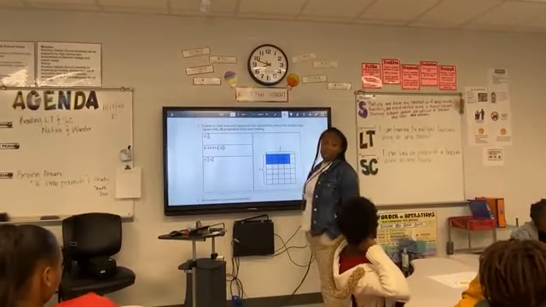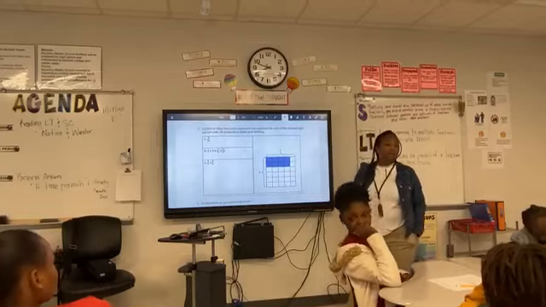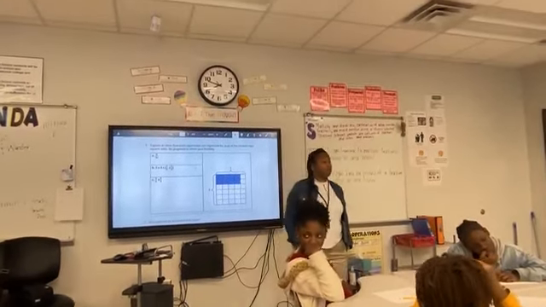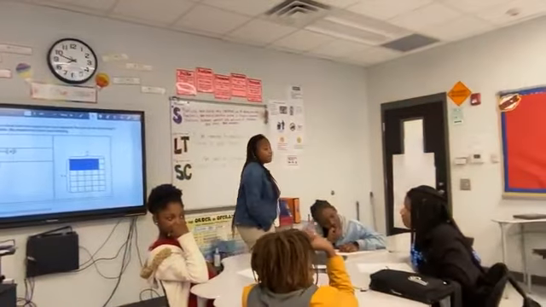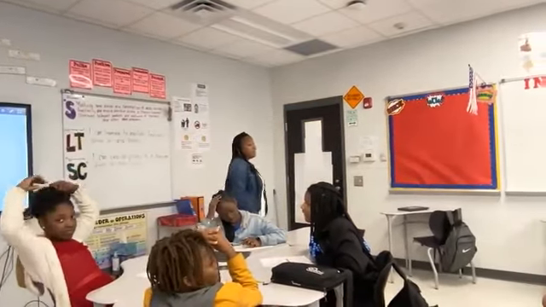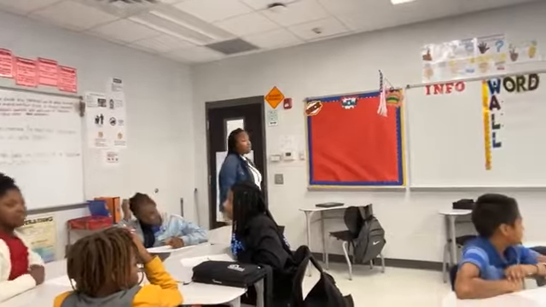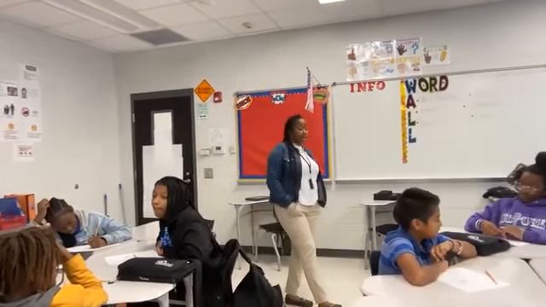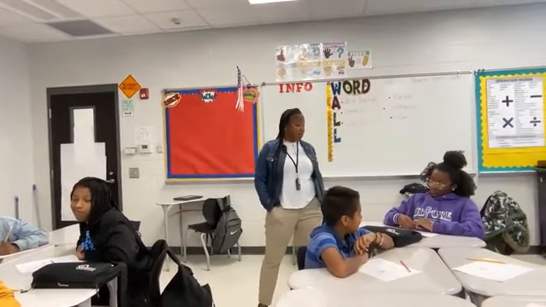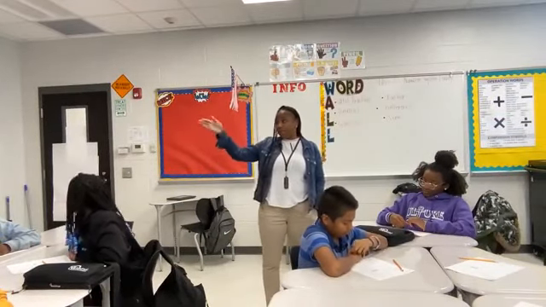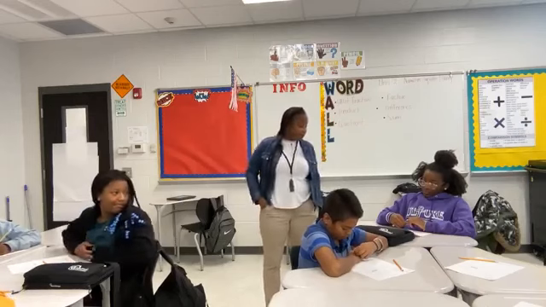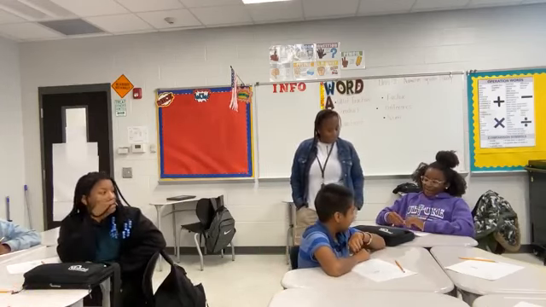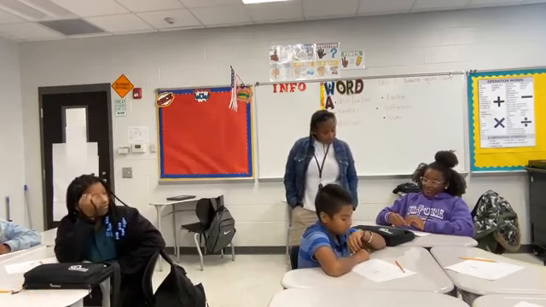For number B, I had 2 groups working on that, and I want to hear from both groups. Who's your spokesperson? Okay, Miss Davis, explain to them every step you took, and then how it represents the shaded area. So what we did is we multiplied the fractions first, and that gave us 1/3.